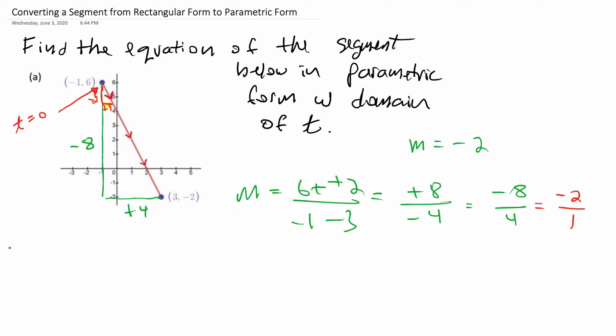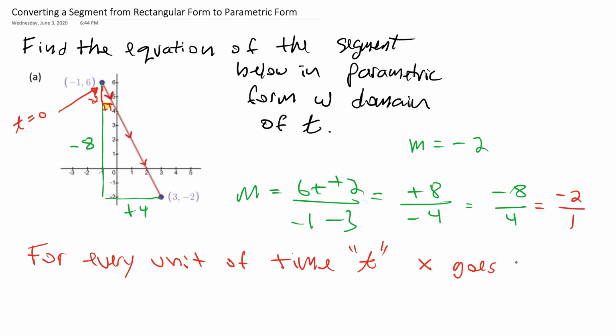For every unit of time t, x goes +1 and y goes -2. So you run 1 and you rise -2, right?